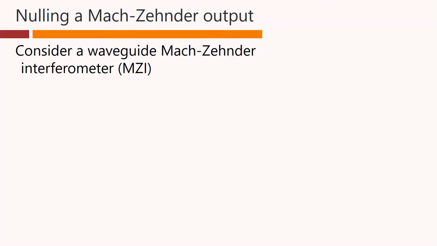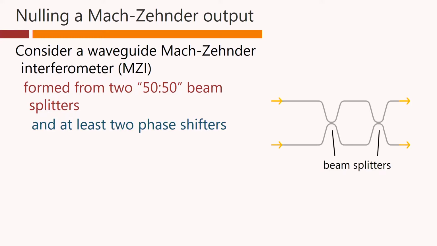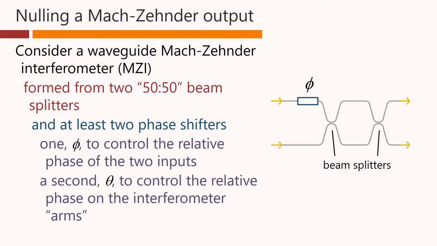Consider a waveguide Mach-Zehnder interferometer, formed from two 50-50 beam splitters, that is, equal beam splitters, and at least two phase shifters, one phi to control the relative phase of the two inputs, and a second theta to control the relative phase on the interferometer arms.